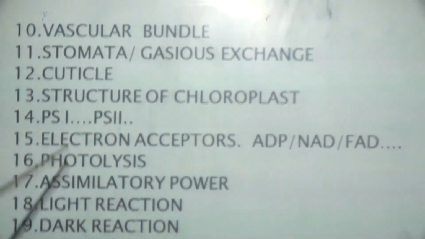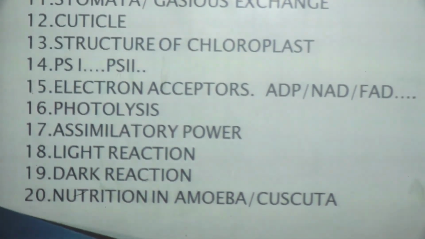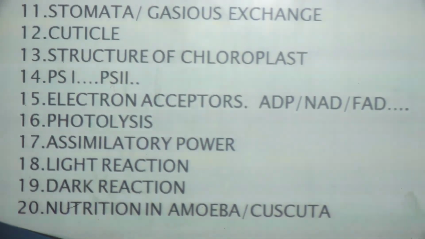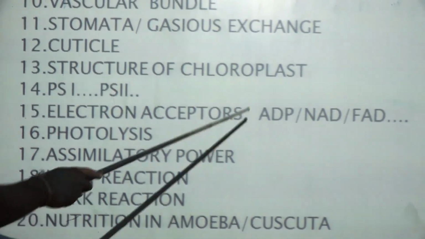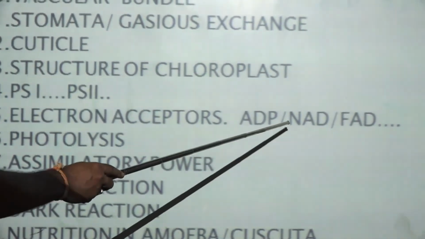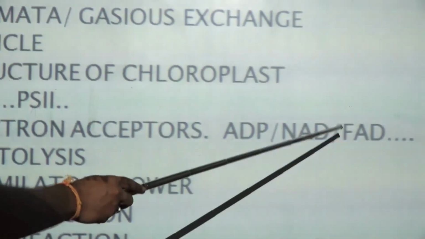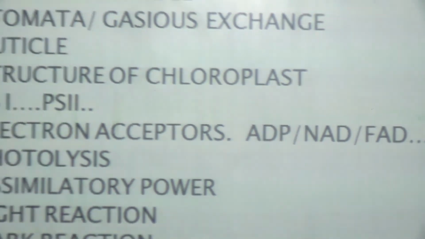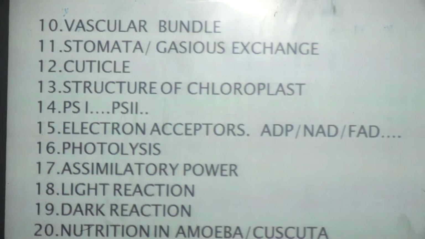Then the next one, electron acceptors. The chemical material which accepts electrons is called an electron acceptor. For example, adenosine diphosphate, nicotinamide adenine diphosphate and flavin adenine dinucleotide. These three are examples of electron acceptors.